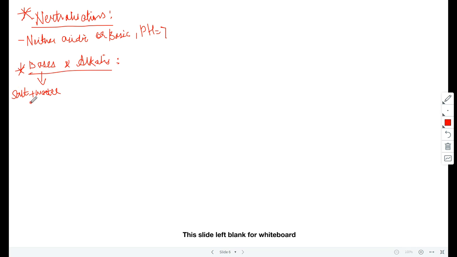That means all my metal oxides and my metal hydroxides are all bases. Then bases which are soluble in water are called alkalis.